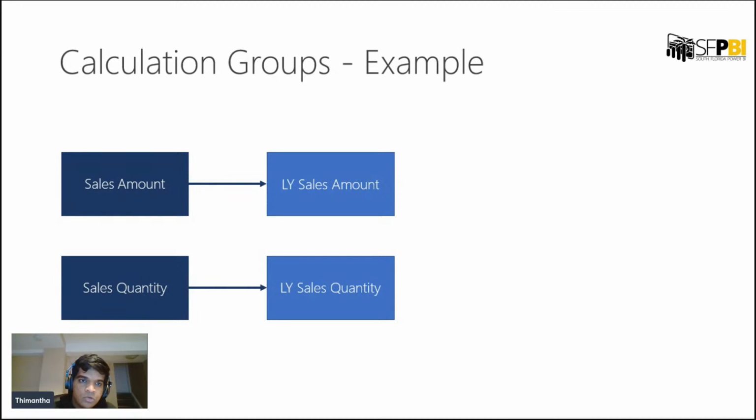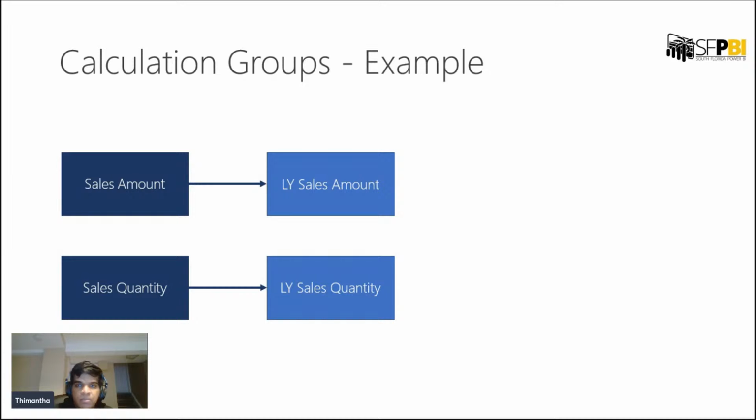So how do you fulfill such a requirement? Before calculation groups came into play, you created two separate measures with the last year logic, referring to the sales amount or the quantity measure, one for last year sales amount and another for last year sales quantity.